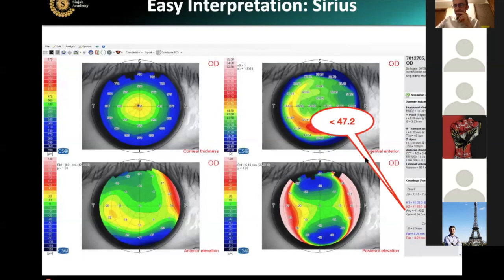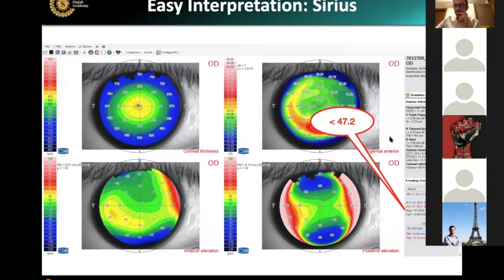And why this difference? This is based on studies, because the Pentacam was based on the Halliday report, which stated that 48 is the cutoff point, while here it is based on the Rabinovich studies stating that Placido-based devices should depend on 47.2.